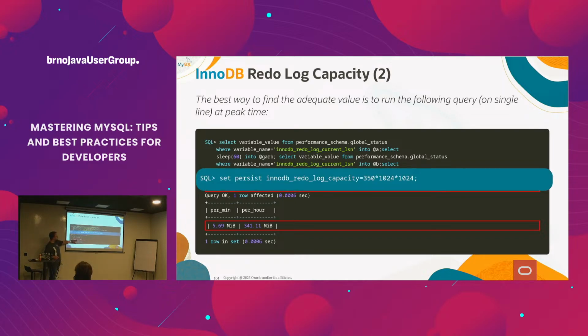Now that we know it's this much per hour, I will set InnoDB redo log capacity to 350 megabytes instead of what I had before. In the old days, the default was 2 files of 5 megabytes, so 10. Now it's always 32 files, and we will put 350 megabytes for the entire 32 files.